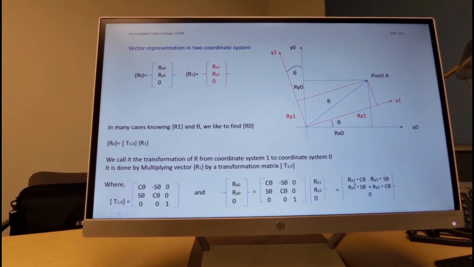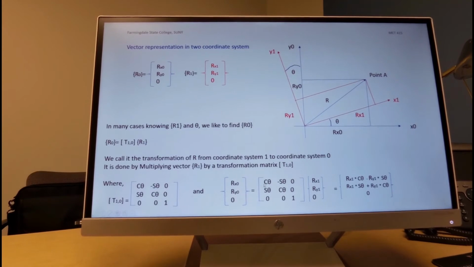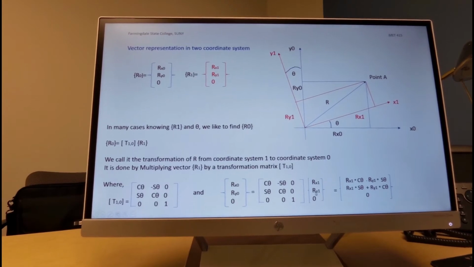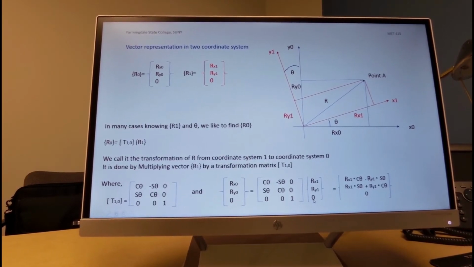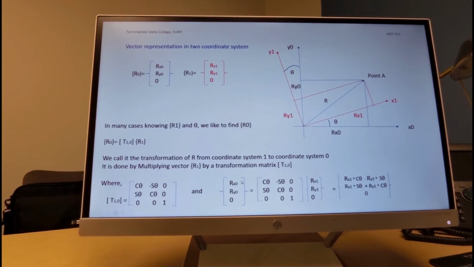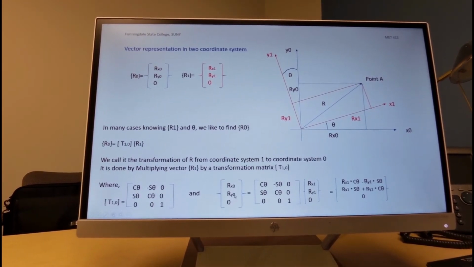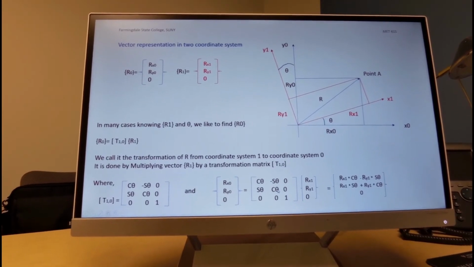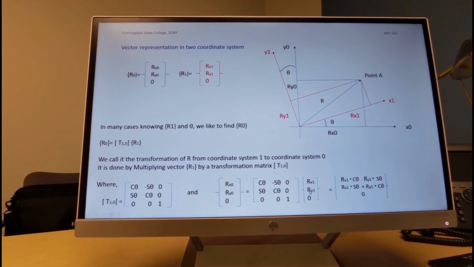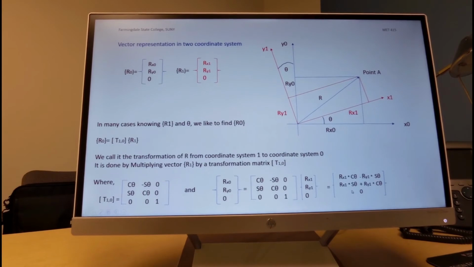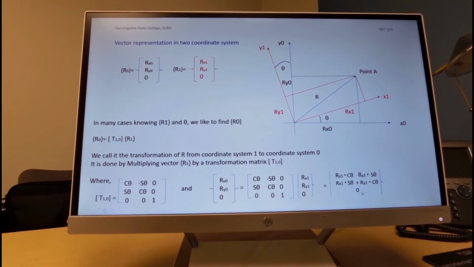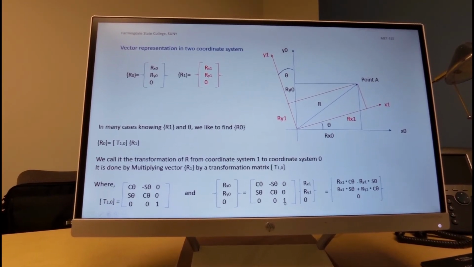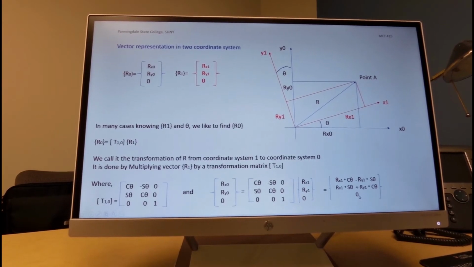The result of this multiplication is rx0 equals cosine theta times rx1 minus sine theta times ry1 plus 0 times 0, and this is what's written here, and the component ry0 equals sine theta times rx1, what we see here, plus cosine theta times ry1, what we see here, and the z, which is actually equal to 0, equals 0 times rx1 plus 0 times ry1 plus 1 times 0, all of that equals 0.